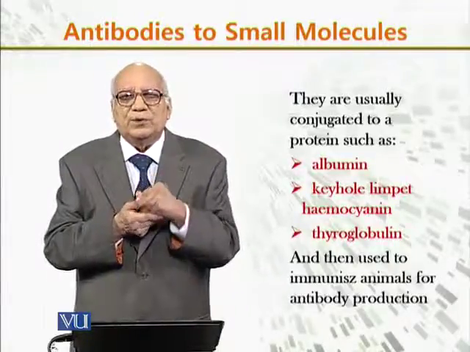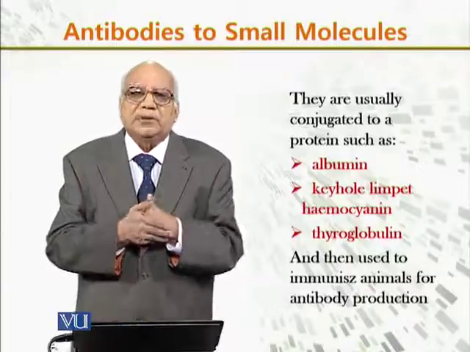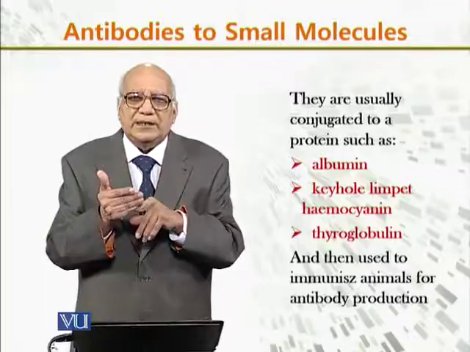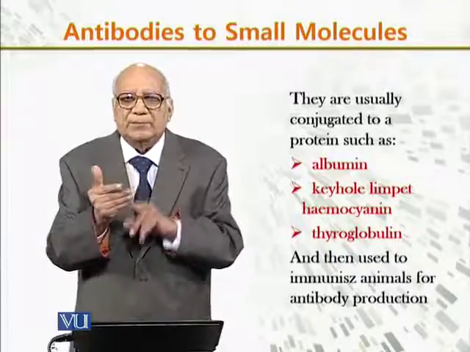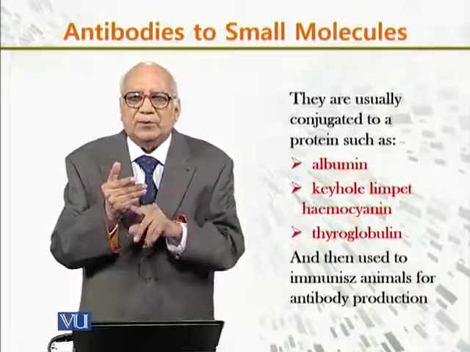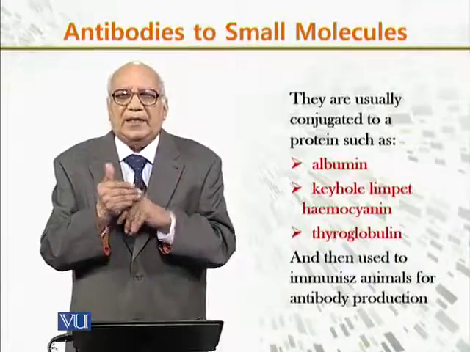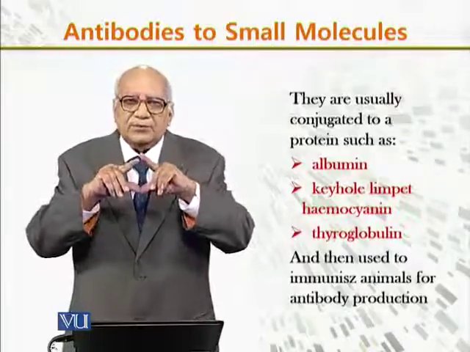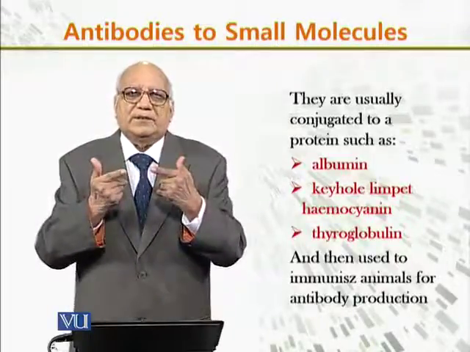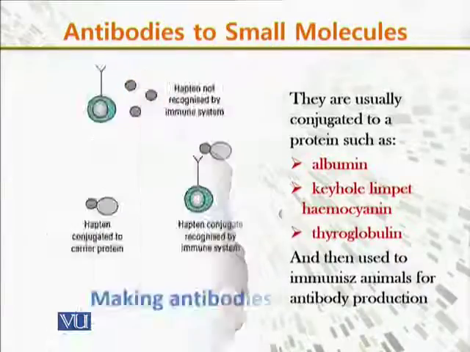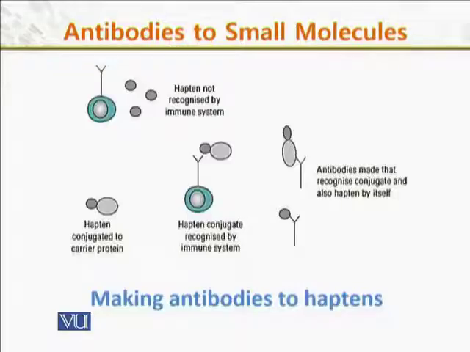So what you do is conjugate the hapten to these three carriers: albumin, keyhole limpet hemocyanin, and thyroglobulin. And then you immunize the animals with these compounds to produce the antibodies.